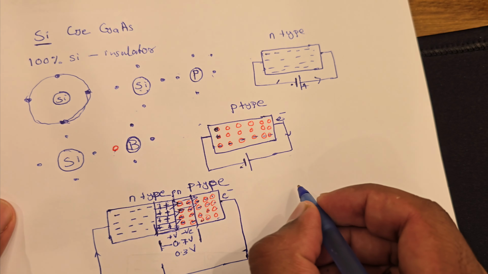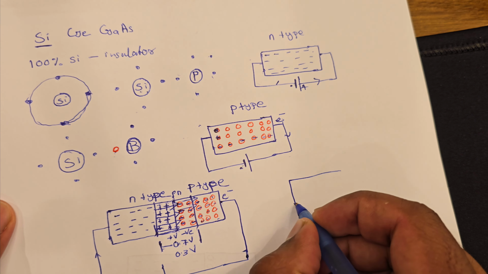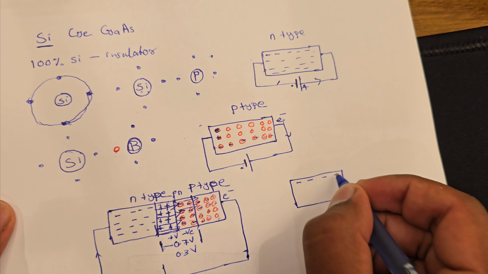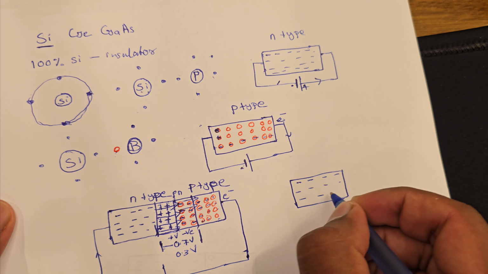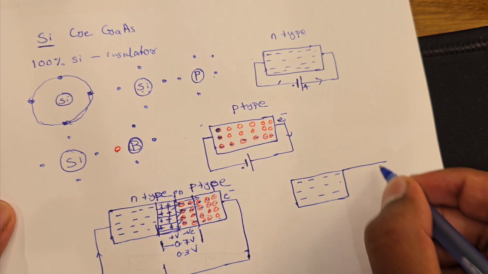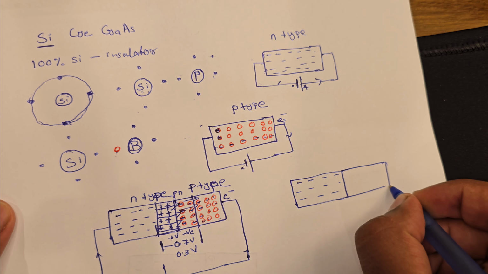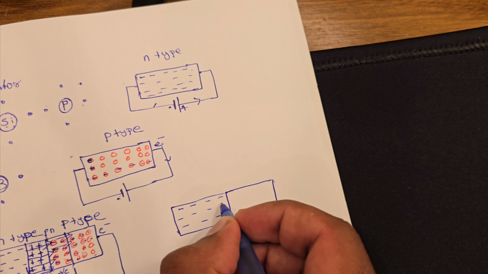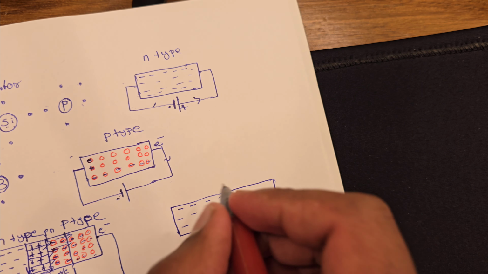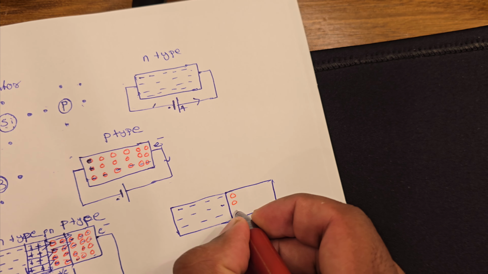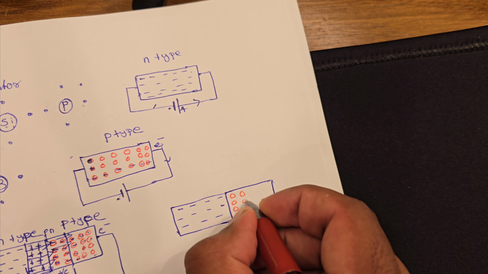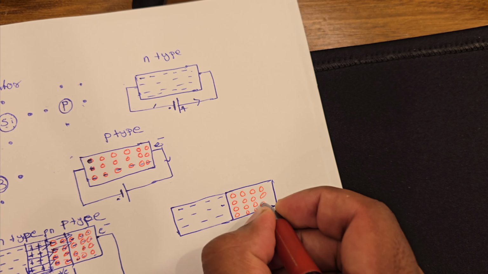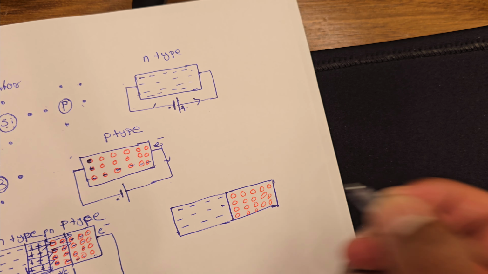So we have our semiconductor here. This is the n-type semiconductor having so many electrons, and we have the p-type semiconductor on the other side having so many holes. It still has the depletion region, by the way.